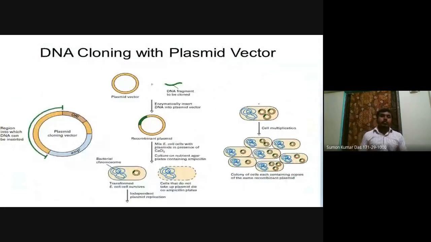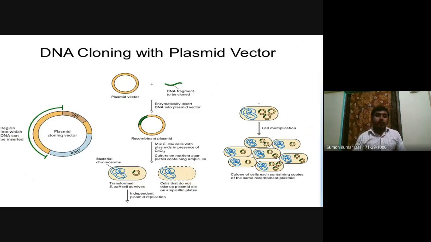Now DNA cloning with plasmid vectors: mainly plasmid vectors are selected, and by using a restriction enzyme we cut a specific site. Then this site is attached with our targeted DNA.